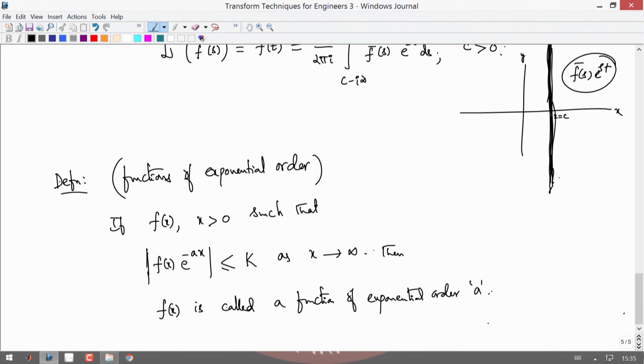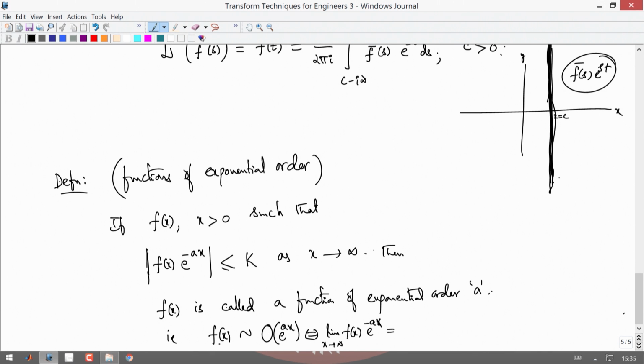So, what does it mean? It means f x behaves like e power ax, that is, f x behaves like big O of e power ax. So, what exactly does this mean? Equivalently, f of x divided by e power ax, that is f of x into e power minus ax, as x goes to infinity, is bounded.